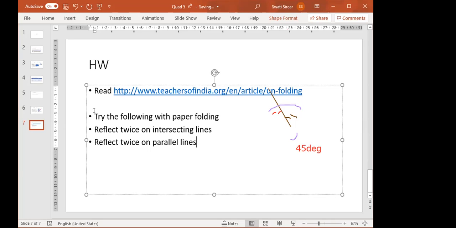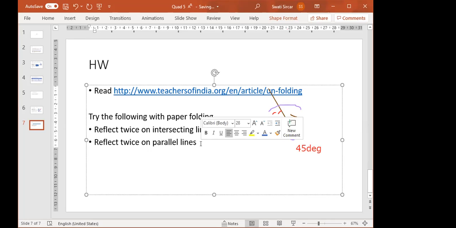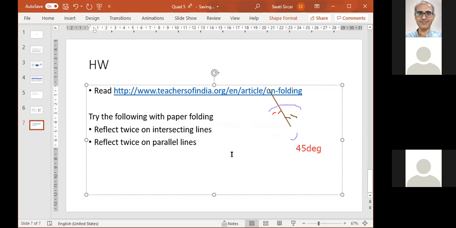If I remember correctly, the article above does have some pictures which can guide you, and it's a fun thing to do. Okay, parallel lines are easier to do. Intersecting lines are slightly harder because the paper gets folded weirdly, but I think you should be able to manage.